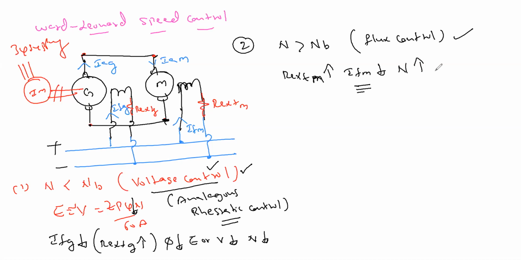By decreasing the excitation of the motor, speed can be increased. बढ़ेगा, speed बढ़ेगा इधर.